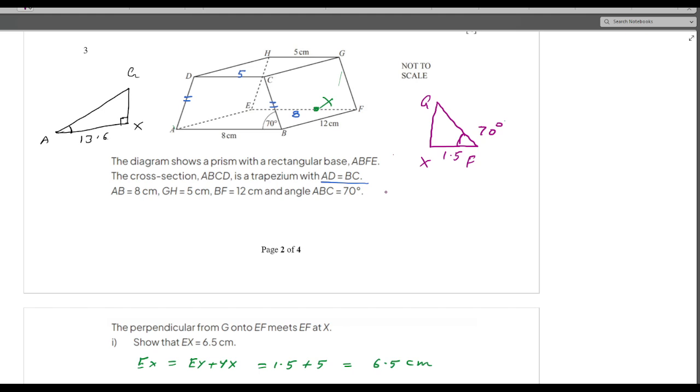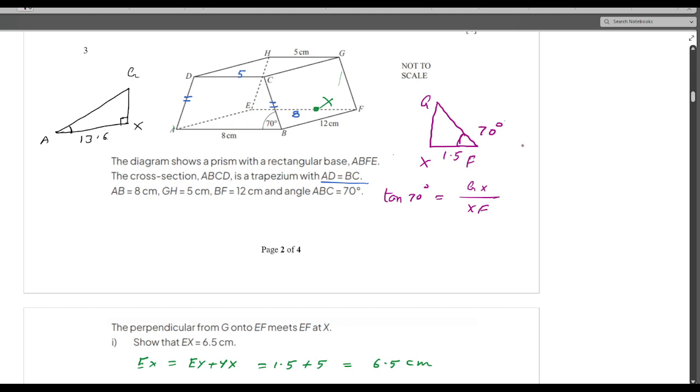So tan 70 degree equals GX divided by XF, and therefore length GX will be 1.5 times tan 70 degree.